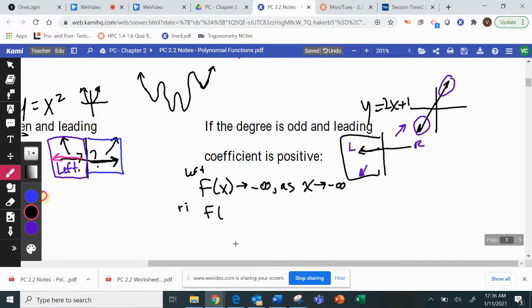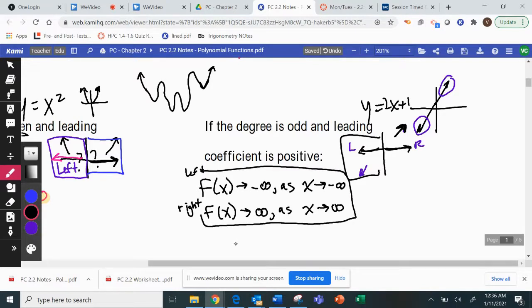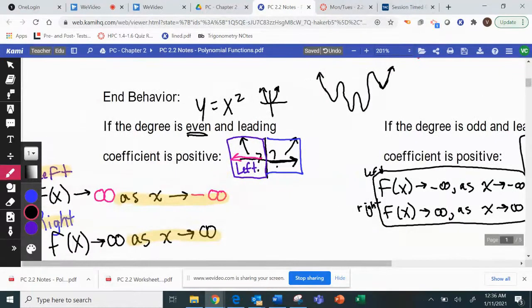Now we're going to do the right side. F of x approaches, so we go to the right side. And to the right side, it's going up, so positive infinity, as x is going right, so that will be positive infinity. And you'll notice that my x's and what they approach is exactly the same as the first one. And it will be the same every single time.